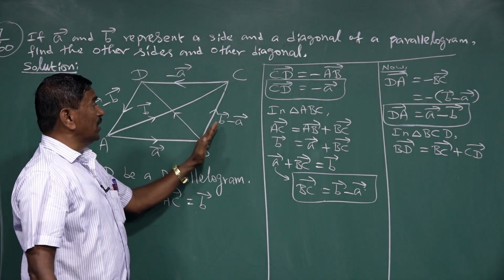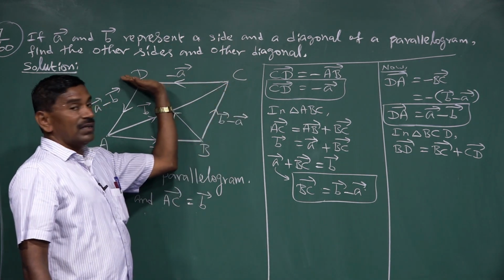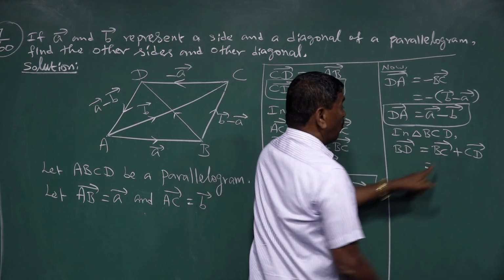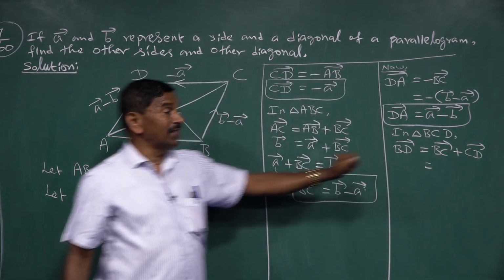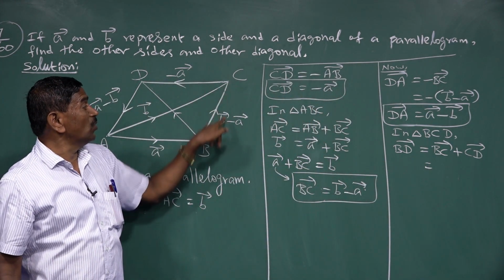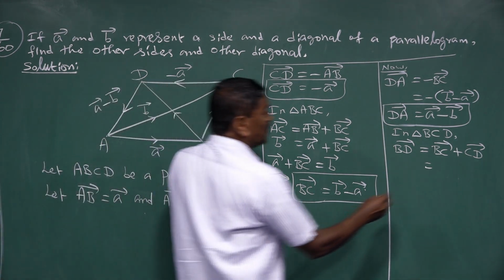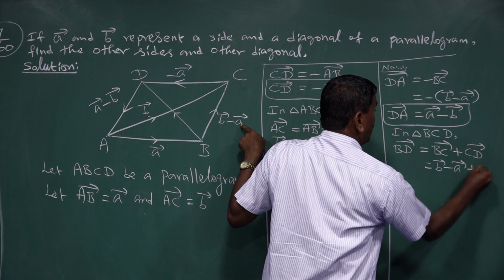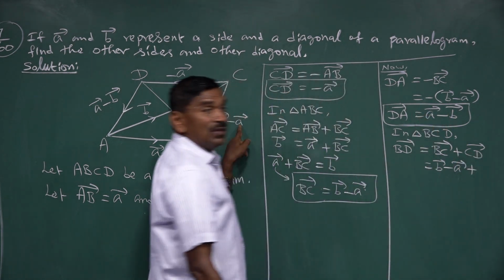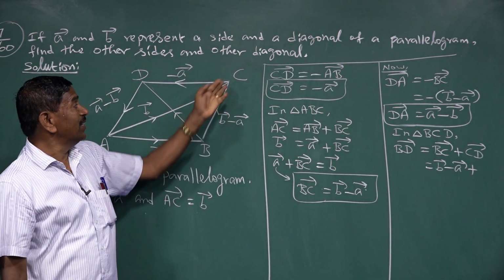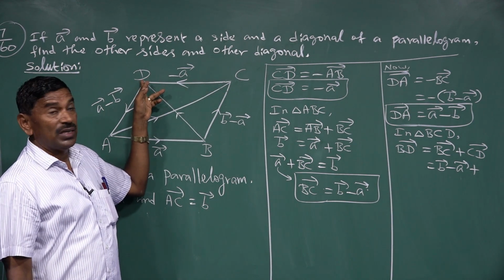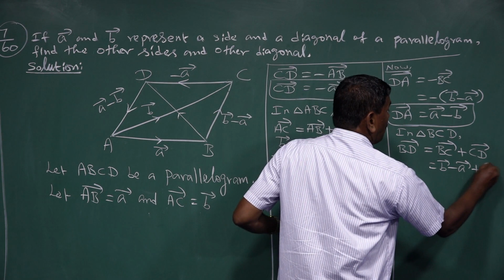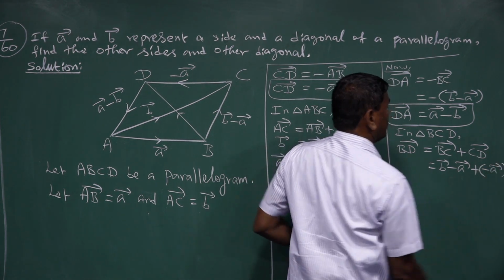BD vector is equal to BC vector plus CD vector. Now which is equal to? What is BC vector? BC vector is equal to B vector minus A vector. So BD vector is B vector minus A vector plus CD vector. What is CD vector? CD vector is equal to minus A vector. That means plus of minus A vector.